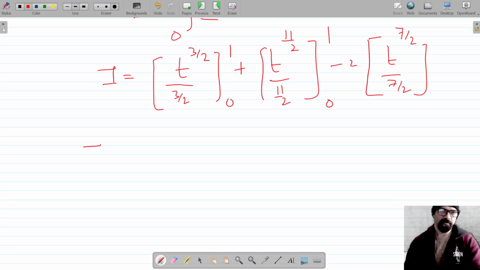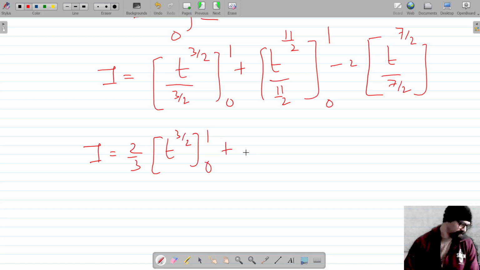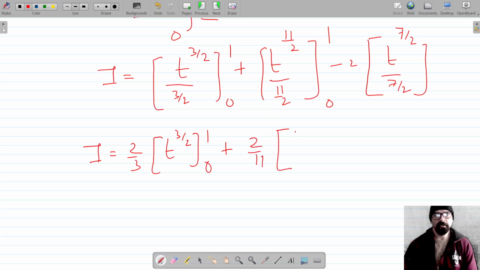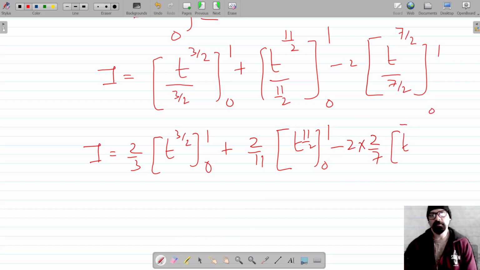Okay, so this can be written as 2 by 3 t raised to the power 3 by 2, 0 to 1, plus 2 by 11 t raised to the power 11 by 2, 0 to 1, minus 2 into 2 by 7 t raised to the power 7 by 2, 0 to 1.